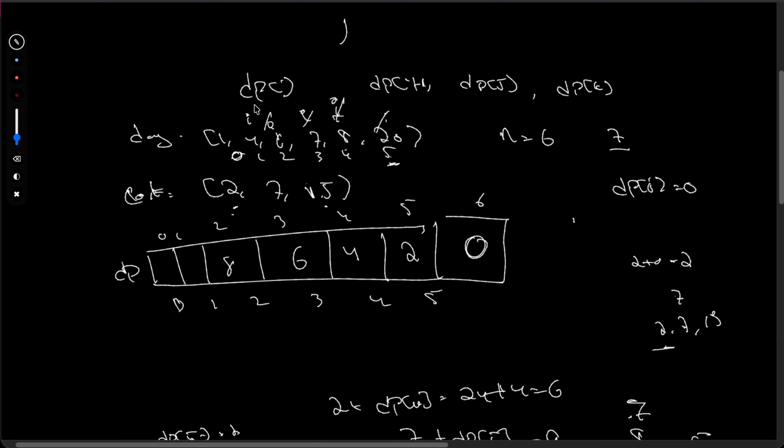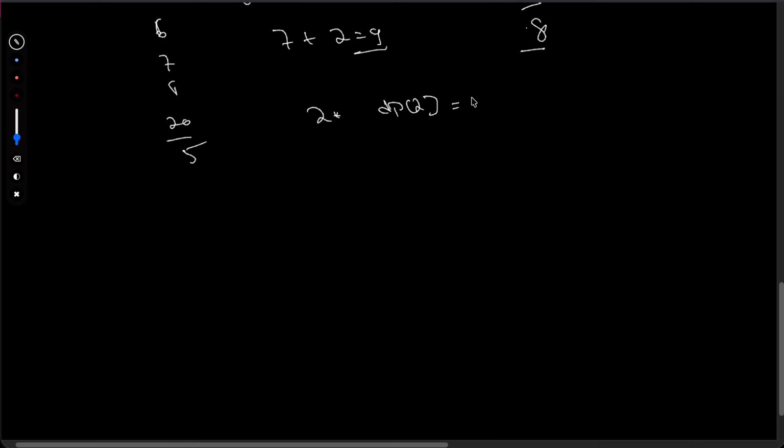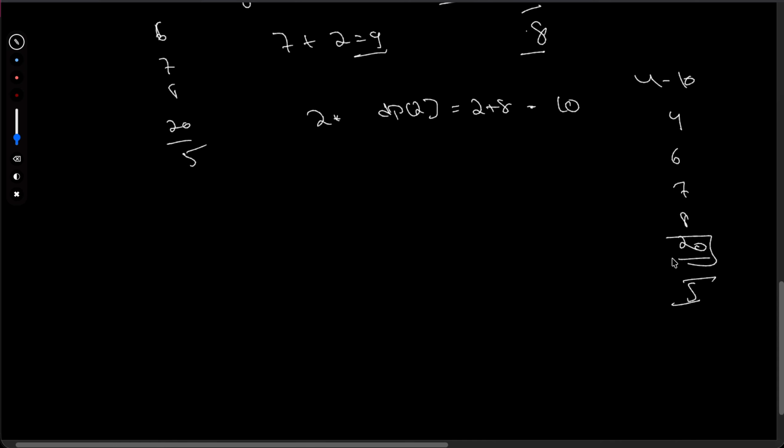I come here at index 1, day is 4. Day 1 pass: 2 plus dp of 2 is equal to 2 plus 8, 10. With the day 7 pass we have covered 4 to 10, so 4, 6, 7, 8 are covered, but 20 we have not covered. So the next uncovered day is 5 only.